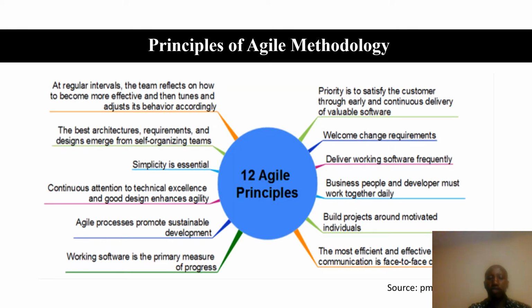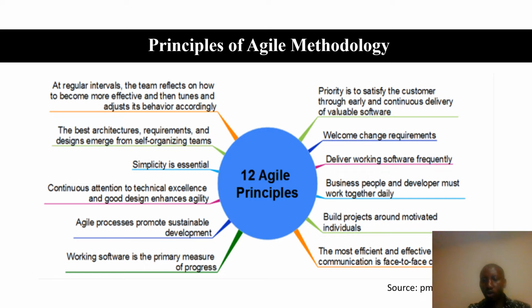The principles of Agile methodologies. There are 12 principles. On the left, from the top to bottom: 1. The highest priority is to satisfy the customer through early and continuous delivery of valuable software. 2. Welcome changing requirements. 3.